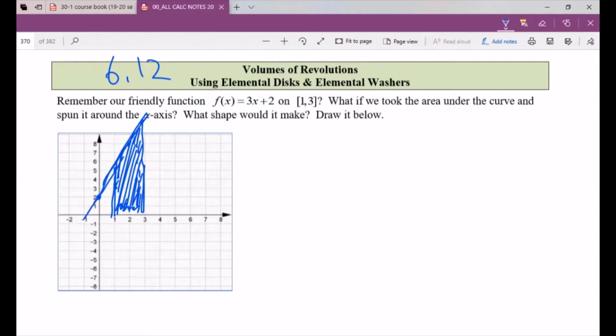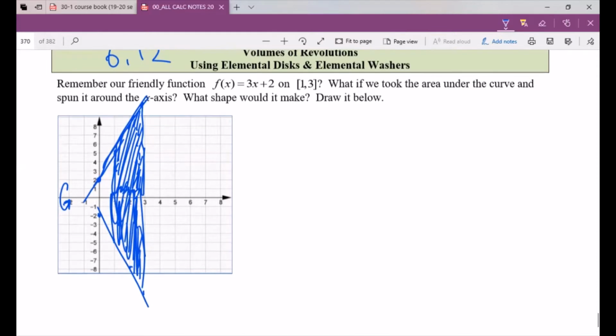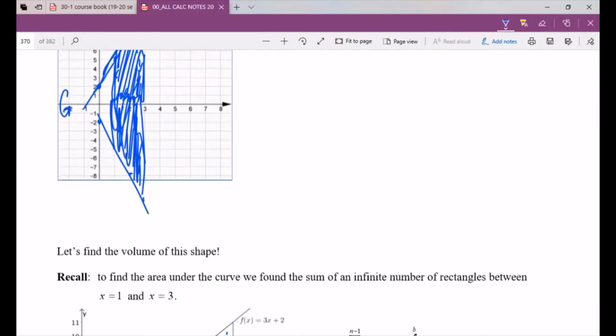If we spin that around the x-axis, through the third dimension, it wouldn't just be this trapezoid, it would be the whole three-dimensional object that we spin out around that axis.